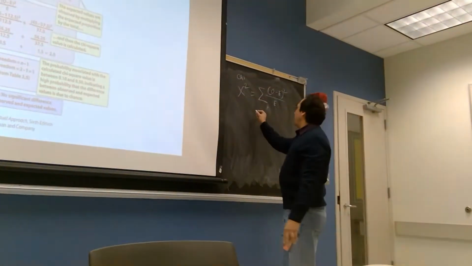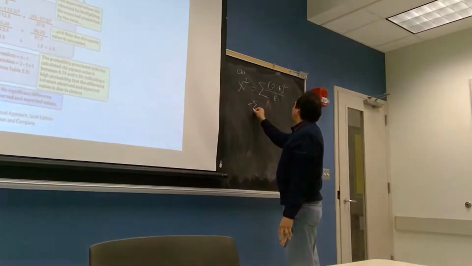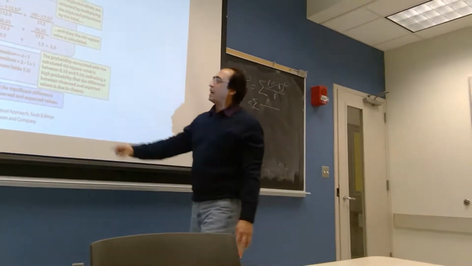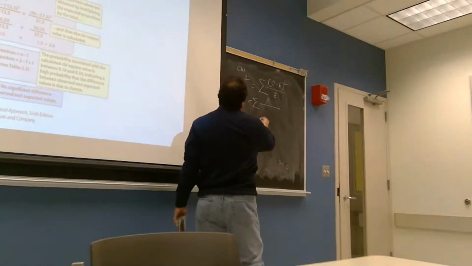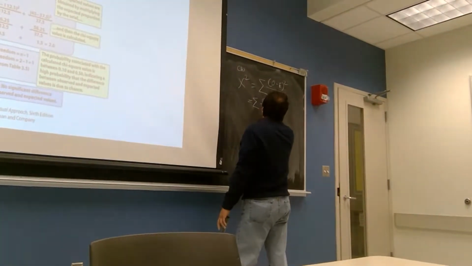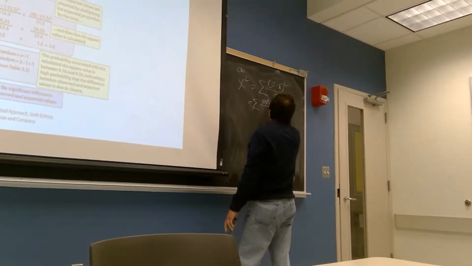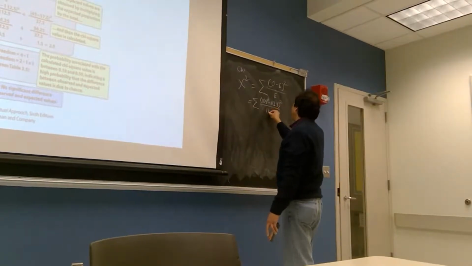That means here we have two traits. So sigma: first, observed minus expected for the purple one. For purple, we have observed 105 and our expected was 112.5, whole square by 112.5.